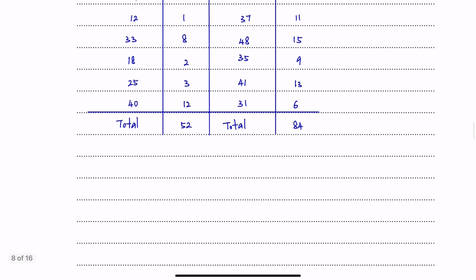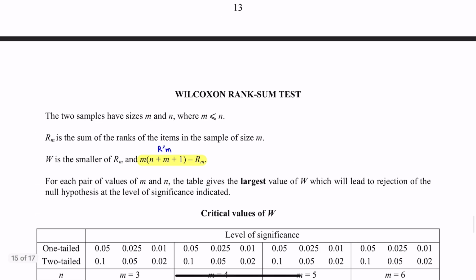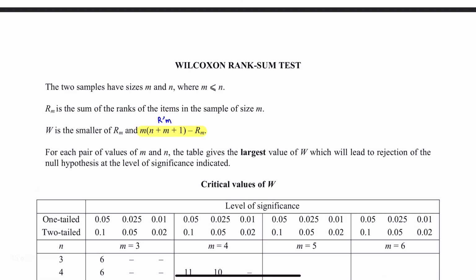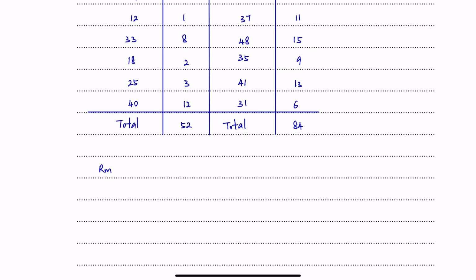So now we know that the Rm, according to the formula booklet, would be the sum of the ranks of the items in the sample of size m. But since in this case m equals n equals 8, you can take either one of them. I prefer using test A, so my Rm would be 52.